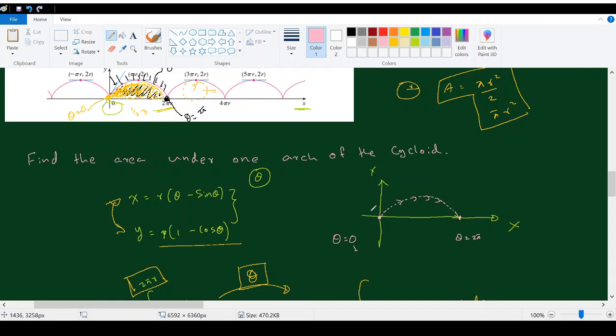And that means for this particular x value, that is x equals 0, this is the corresponding theta. And for this particular x value, see here you have a 2 pi r, the corresponding theta is 2 pi, right?